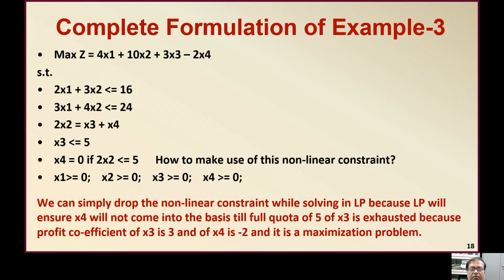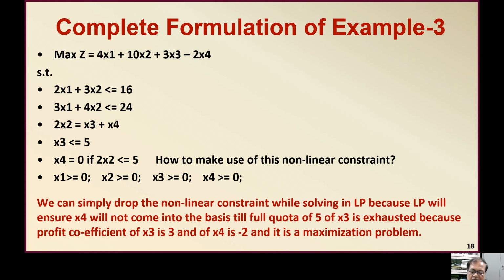Maybe the nature of the problem is such that that nonlinear constraint will always be redundant. So if we can ensure such situations, then we can still solve the problem with the linear programming approximation, and we can definitely get the benefit of linear programming.